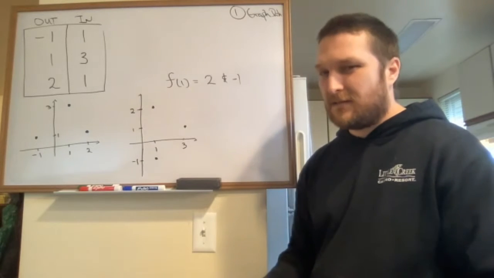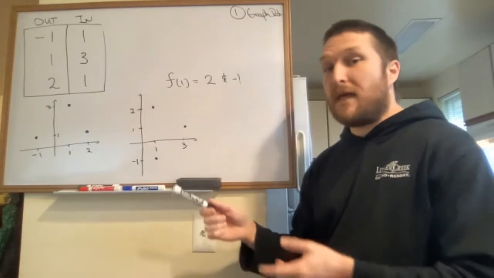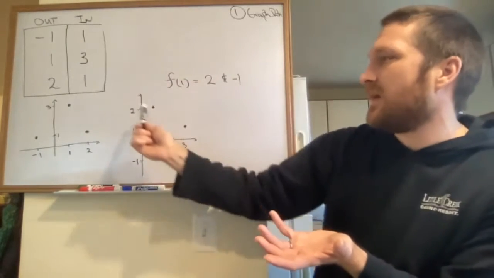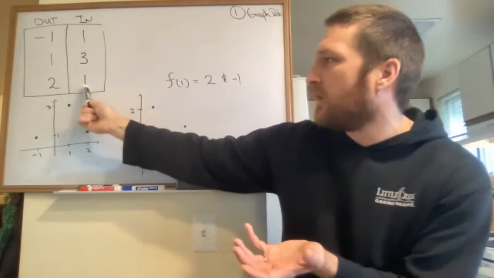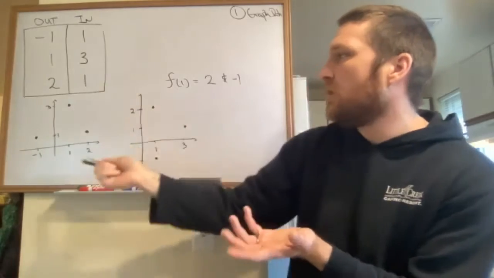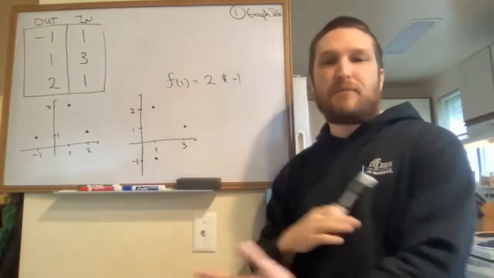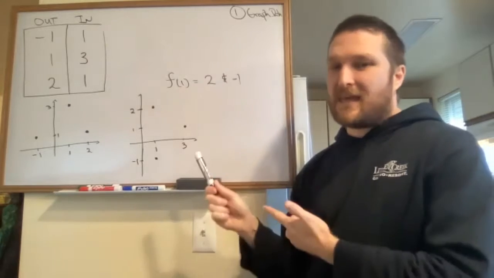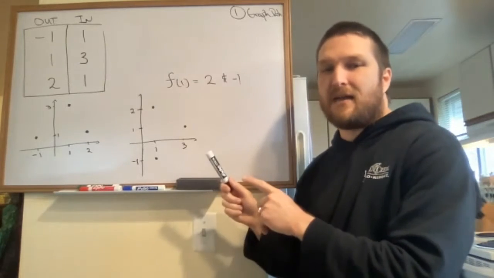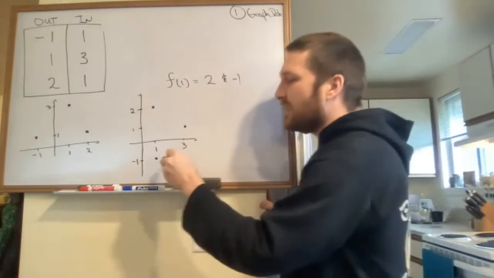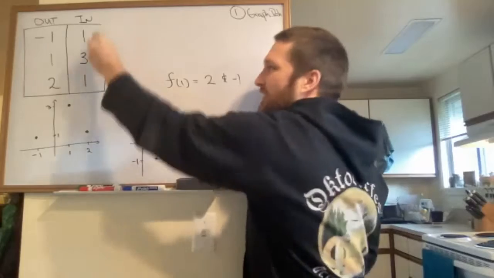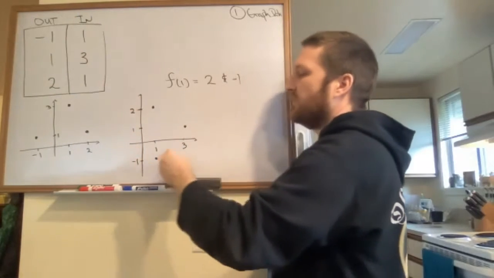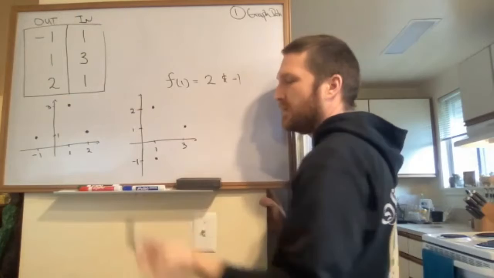But if you didn't, it may not be the case that you actually run into this. If I had just changed this one number, maybe if I'd made that a 2, then it would be ambiguous and you could go either way. But in this case, we happen to have a data set which, if you interpret it this way, where these are inputs and those are outputs, then it is impossible to find a function with this property.